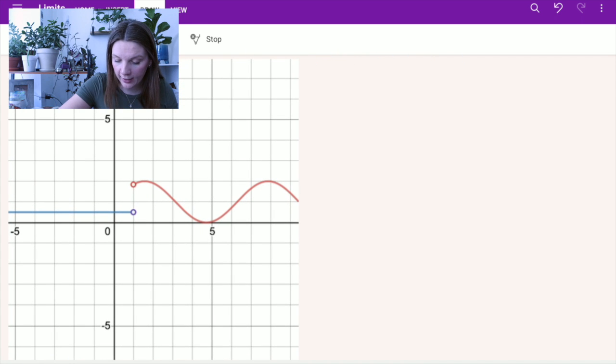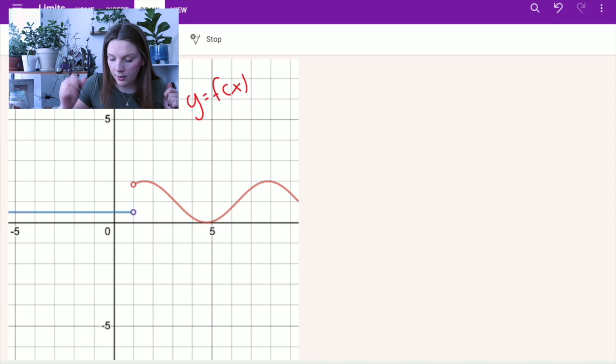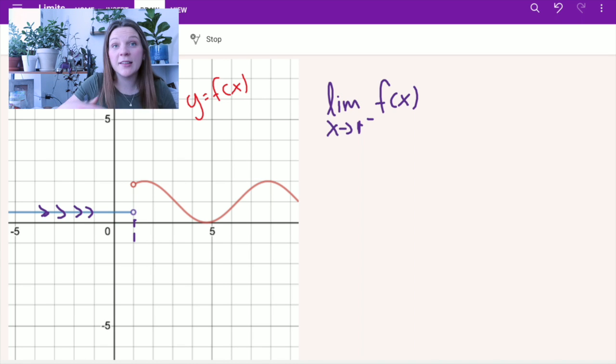In this graph, again, I'm going to call it y equals f of x. This time we will set a to be 1, because that's where something interesting is happening. So if I travel along my graph from the left, taking x values approaching 1, I notice that my function value, or my y value, is actually staying the same at 1/2.